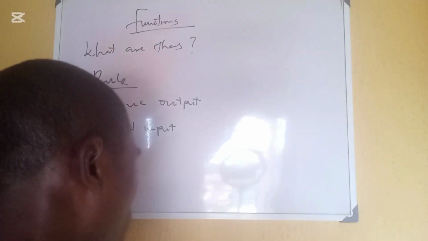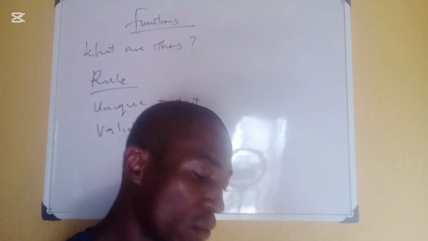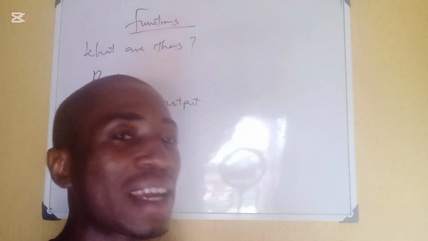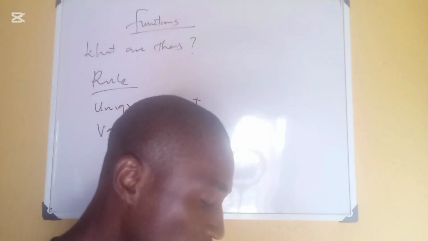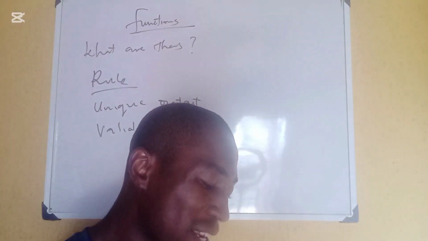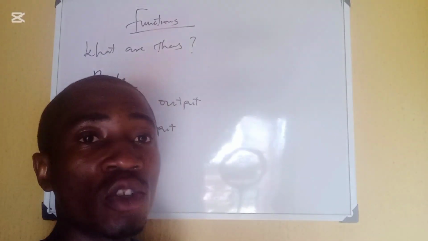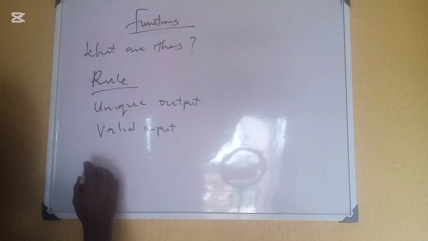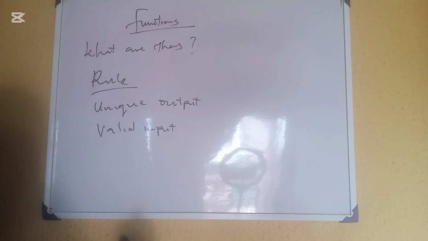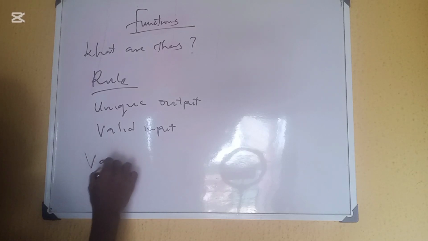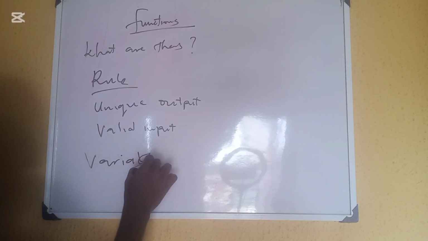Another definition says a function of a variable is a rule that describes how a value of the variable is manipulated to generate the value of the output. So let's take note of the keywords in this definition. Now we have the keyword variable.